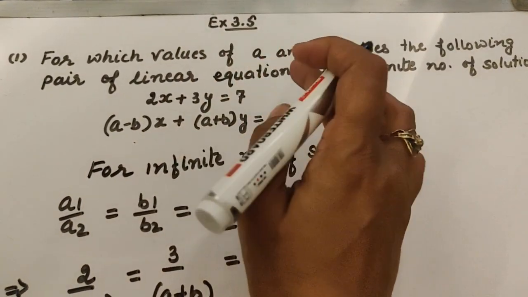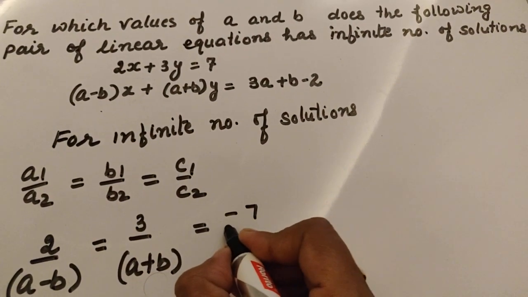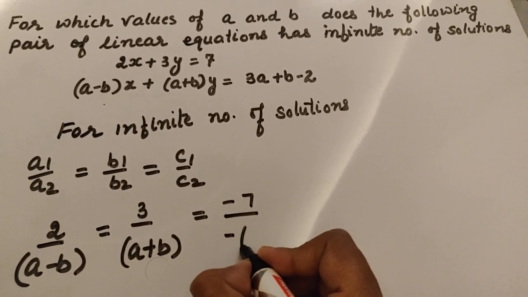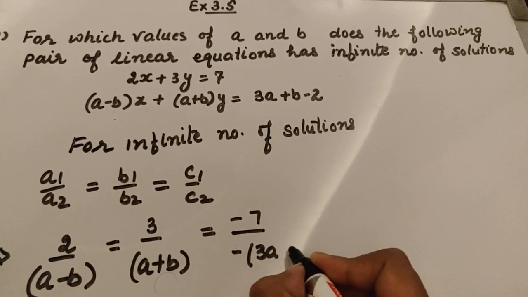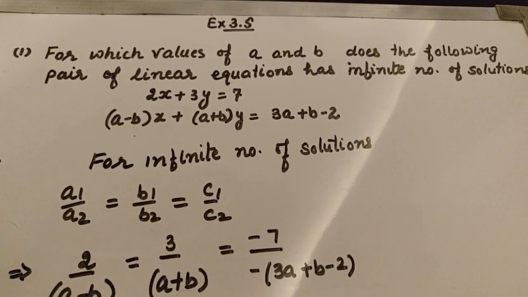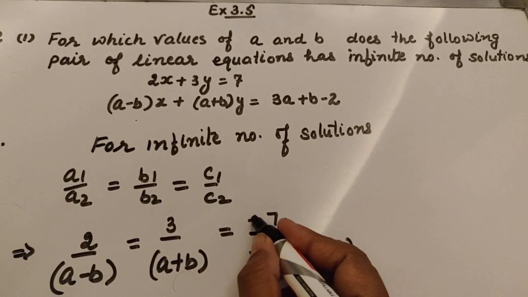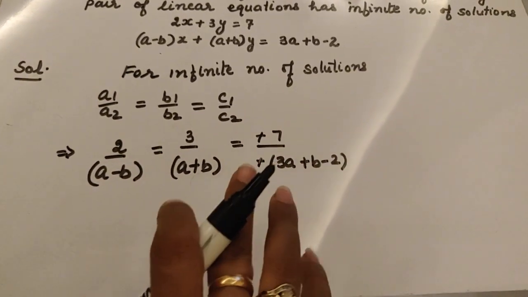Here we write 0. So it will become minus 7 upon (minus 3A plus B minus 2). A1 upon A2, B1 upon B2 and C1 upon C2. You can cancel these minus signs later on.